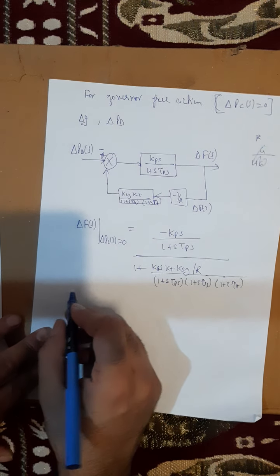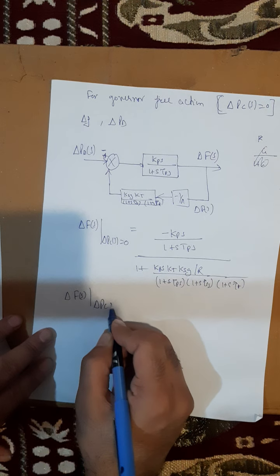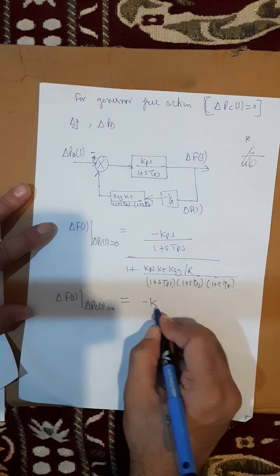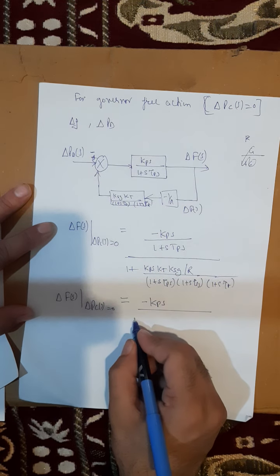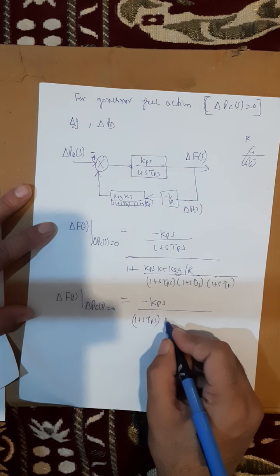I will get delta F(s) when delta PC(s) was equal to 0 equal to minus KPS whole divided by 1 plus s TPS. So what am I left with?